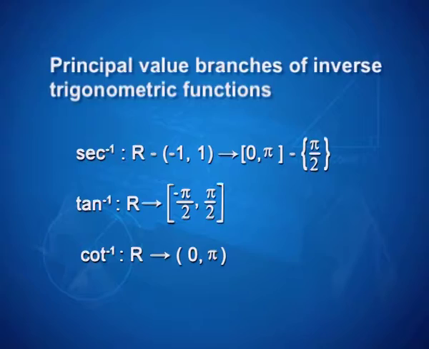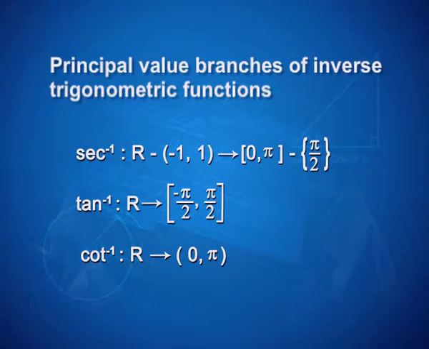Similarly, when we talk about tan inverse, it will be defined from all real numbers to the open interval minus pi by 2 to pi by 2, because again all odd multiples of pi by 2 are not in the domain of tan. Therefore, when I talk about the principal value branch of tan inverse, the range will be an open interval minus pi by 2 to pi by 2.